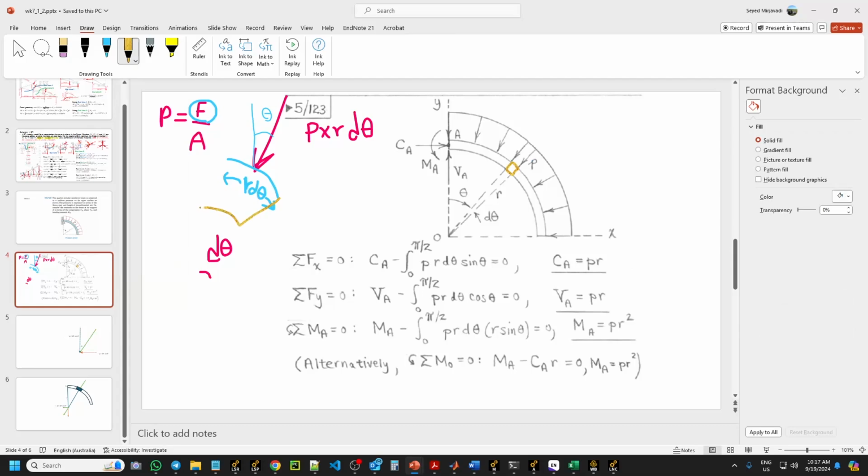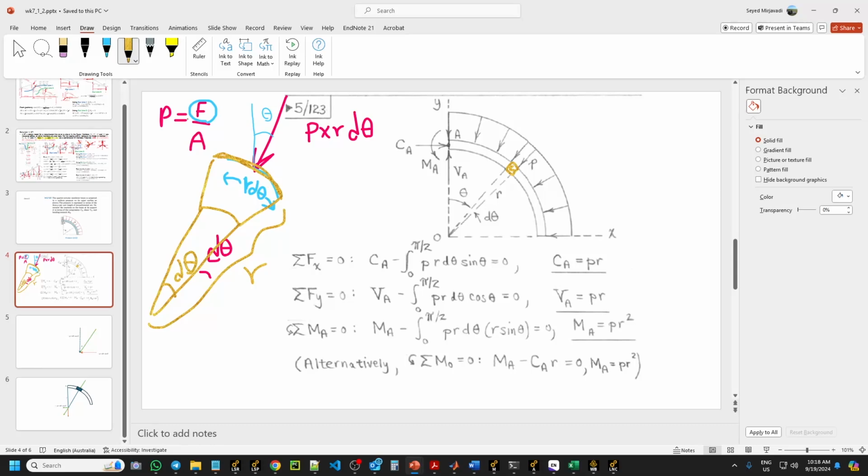But I will just show you first how much the length of this part is. We know that this radius is r and this angle is d theta. So based on the geometry, this part will be r d theta.